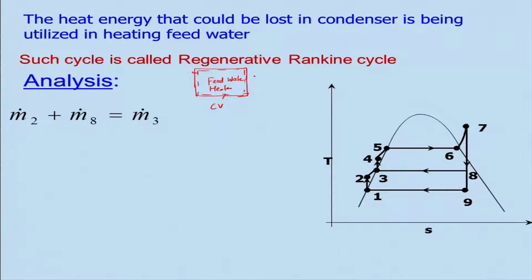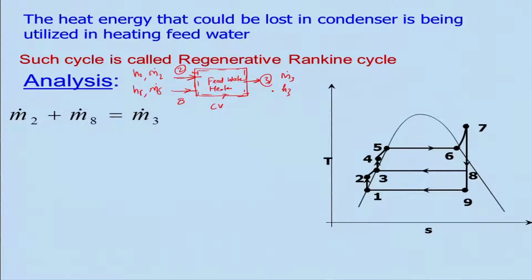The fluid is coming in with this stream 2 and this stream 8, and it is going out with stream 3. Mass is coming in, m dot 2 here and m dot 8 here, with enthalpies h 2 and h 8, and similarly here mass m dot 3 and enthalpy h 3.